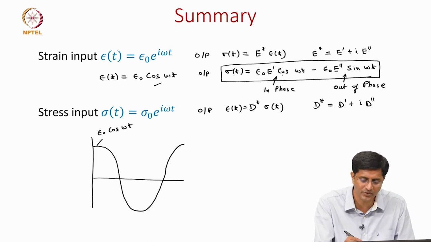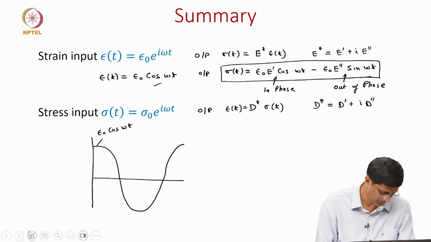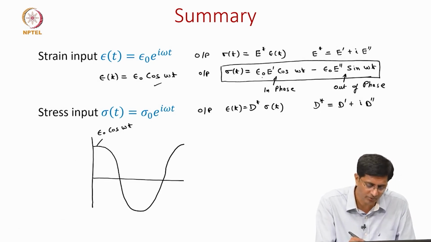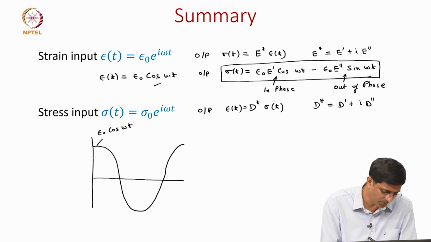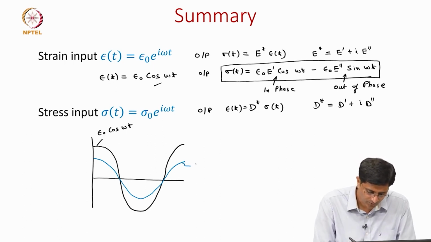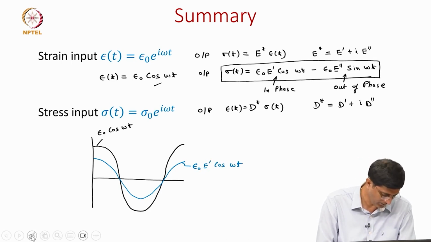Now, let us see the in phase and the out of phase how they look like. Let us change the color to blue. So, the in phase component will be in phase, meaning the maximum and minimum will match. This will be our first component, which is epsilon naught times E dash cos omega t, and then we have the out of phase component.